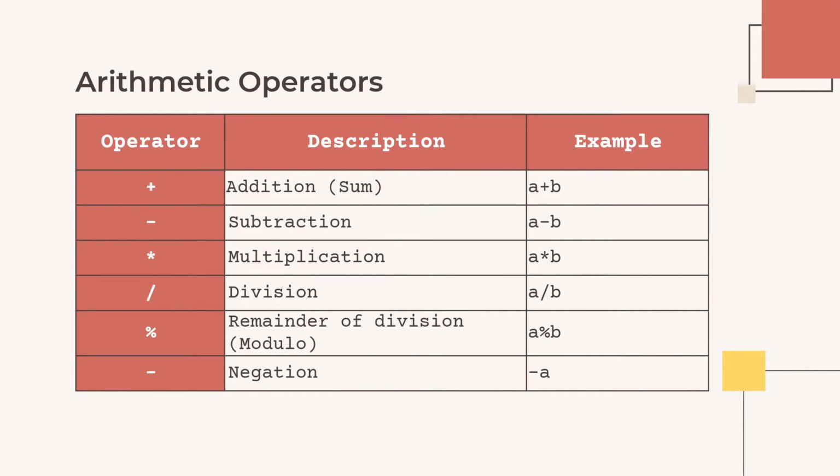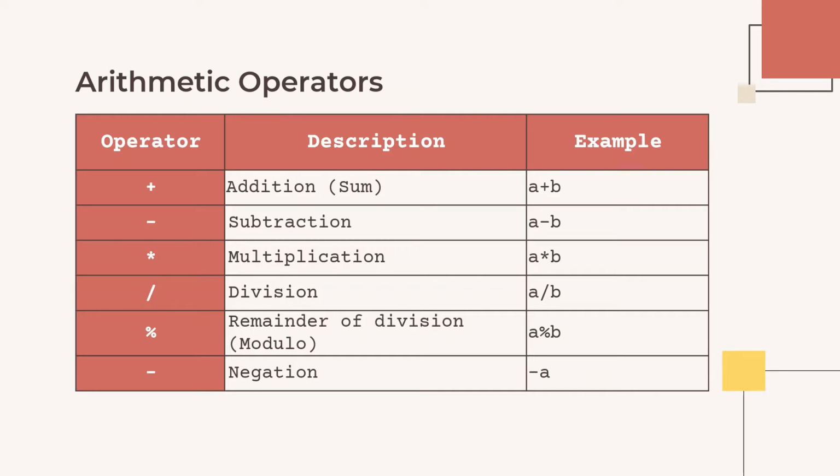First is arithmetic operators. The arithmetic operators can be used for addition, subtraction, multiplication, division, remainder of division or modulo, and negation. You can see the operator plus for addition, minus for subtraction, star for multiplication, slash for division, and percent for the remainder of division between two numbers, or modulo.